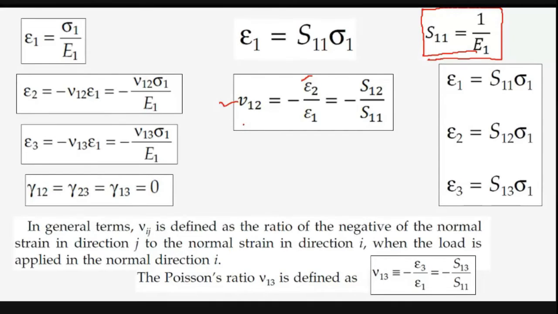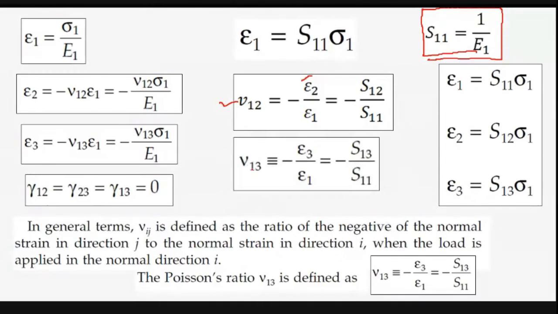Now further I can find nu 13. Nu 13 will be epsilon 3 upon epsilon 1. If you take the ratio of epsilon 3 and epsilon 1, that is S13 divided by S11, sigma 1 cancels, and with the minus sign you will get this.